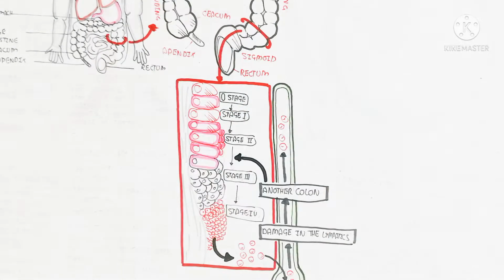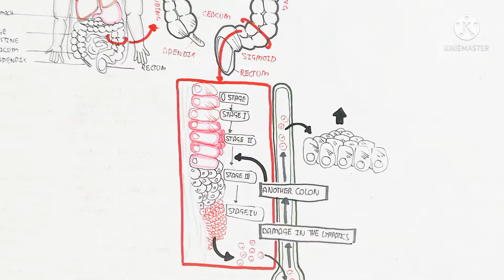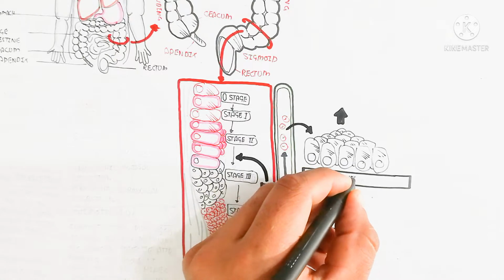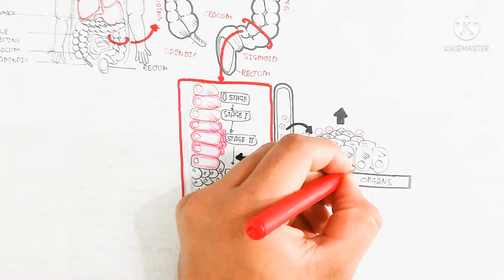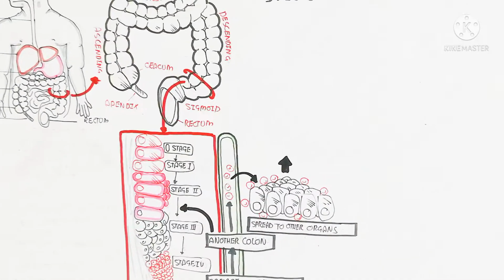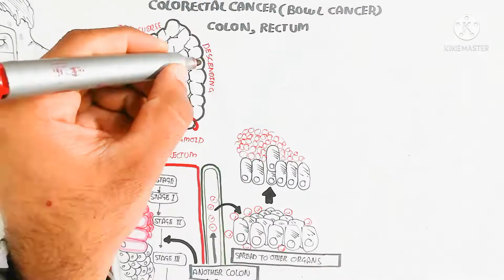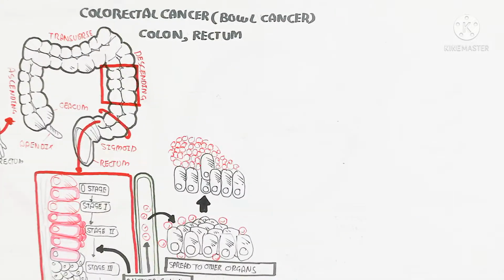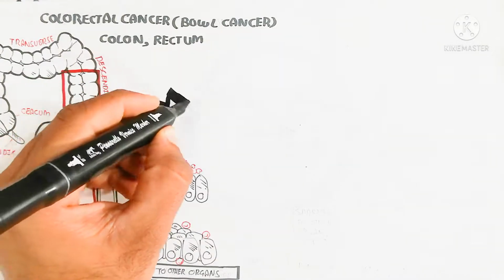The residential place will be selected by this stage 4 cell, so it can proliferate and spread to other organs, and after that it will lead to hypermitotic division. This hypermitotic division suppresses normal cell division while it grows and requires more energy.